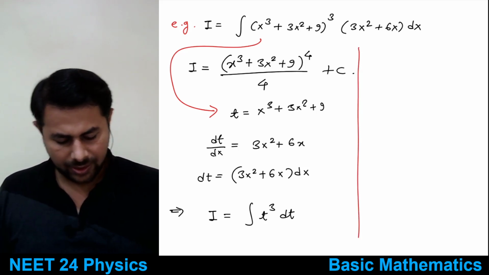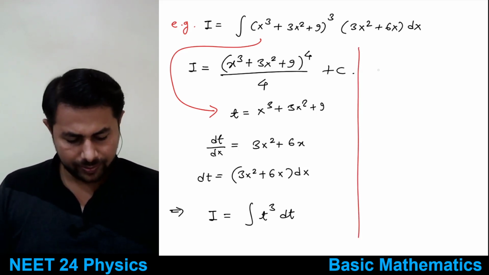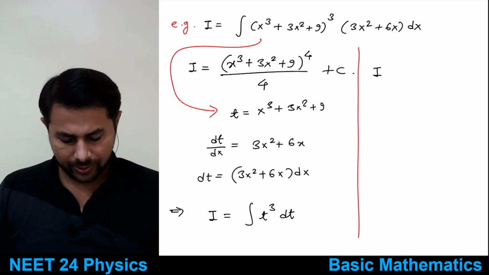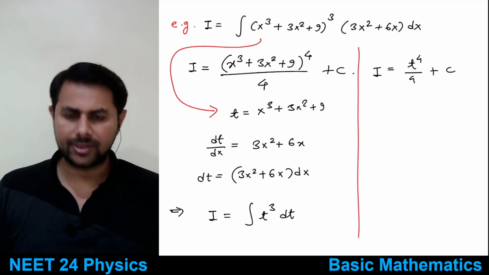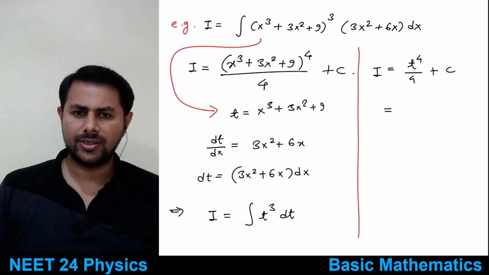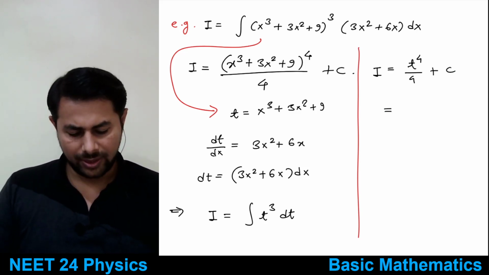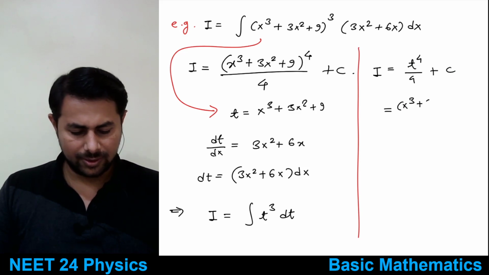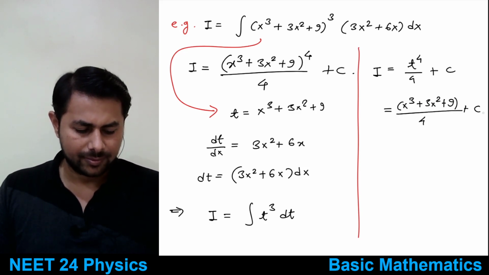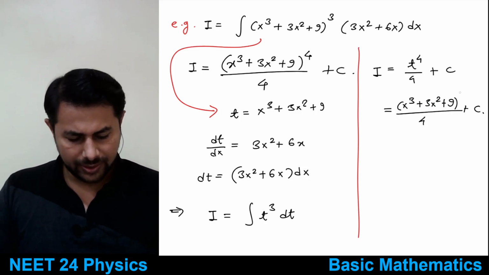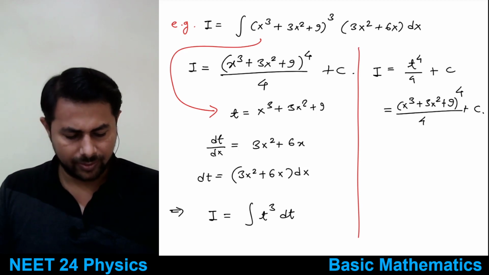It is just t raised to 4 by 4. So therefore you have t raised to 4 by 4 plus c, and then you put what is t. That is x cube plus 3x square plus 9, that thing raised to 4.